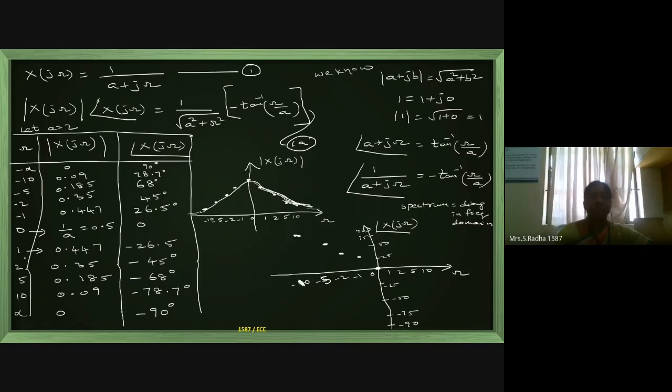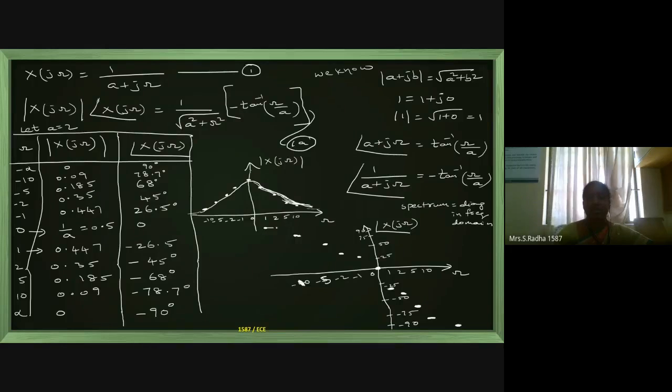Next, coming to positive, plus 1, it is going negative, minus 26. At plus 2, it is minus 45. And plus 5, it is minus 68. And plus 10, it is minus 78. Then it is going to minus 90 at infinite, plus 90 at minus infinite.